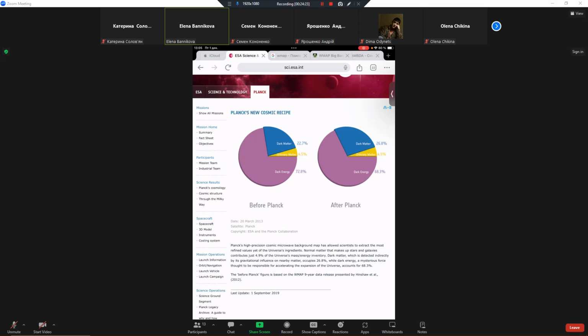But in this case, when we use this term dark, it means that such a kind of matter doesn't participate in the production of emission, and we really can't see it.